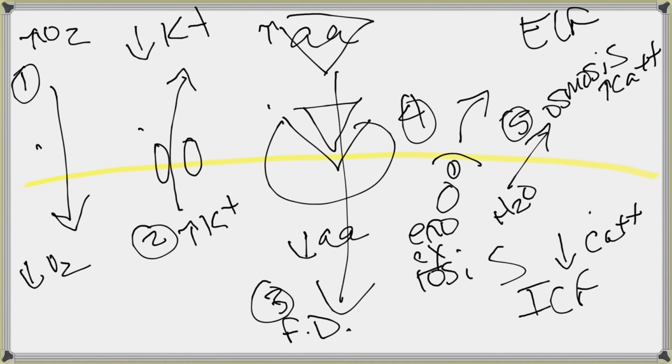Can I get it to move through a channel against its concentration gradient? No, but it will move through a carrier if you provide it with ATP. So that is going to be primary active transport. A carrier plus ATP equals a pump.